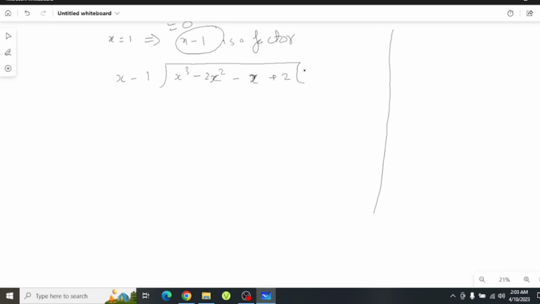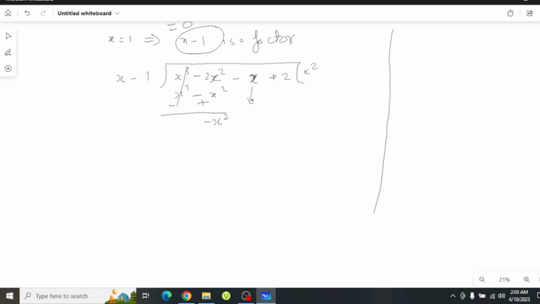So in quotient we will have x square, and here we will have x cube minus x square. We will change the sign. X cube will be cancelled, and minus 2x square plus x square, the result will be minus x square.